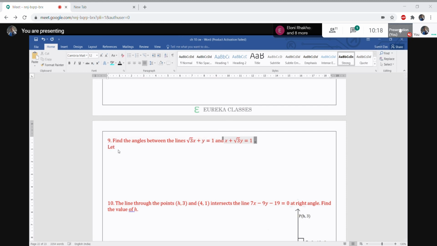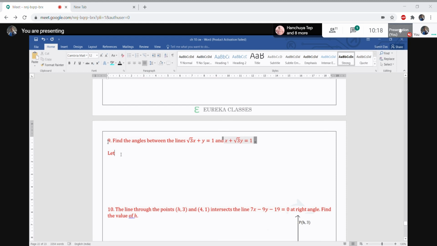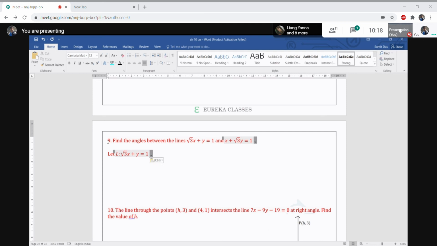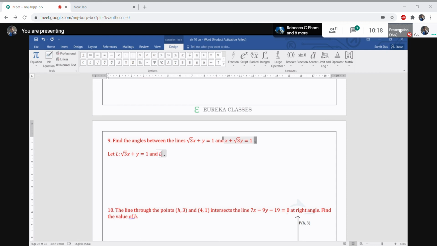Let L be this, and J is x plus square root of 3 y equals 1.